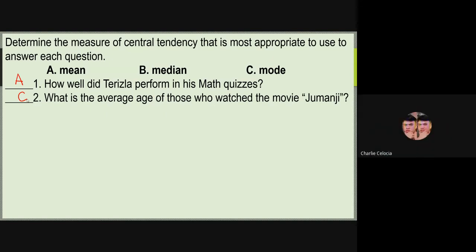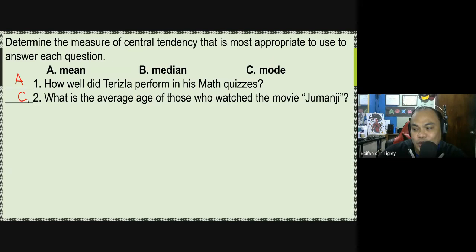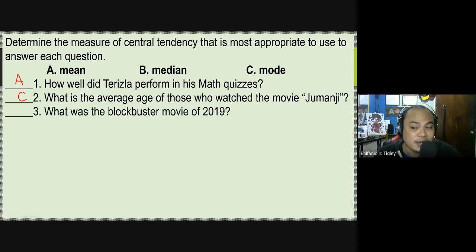So how many 20 years old ang ni-watch aning Jumanji? How many kabuk 21 years old nga mga tao ang ni-watch aning Jumanji? So ang katong pinakadaghan og age will be the average age. Okay? Now let's have number 3. What is the blockbuster movie of 2019?